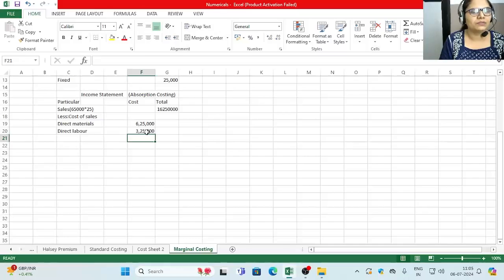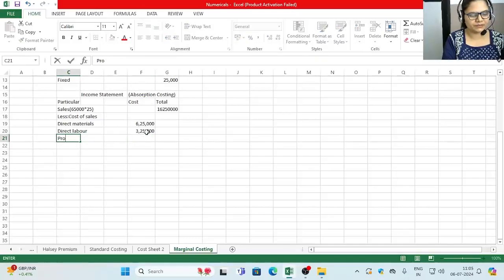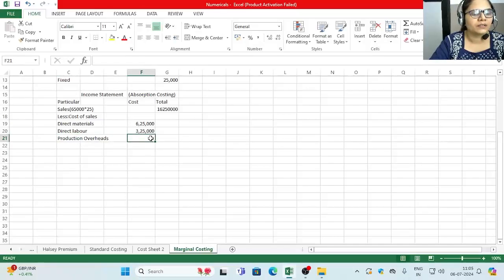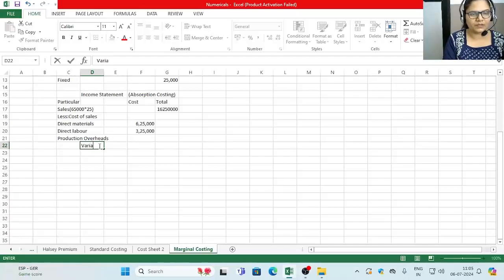Now, after that, we will record production overheads. Production overheads we have been given in a variable form, and we have been given fixed overheads.